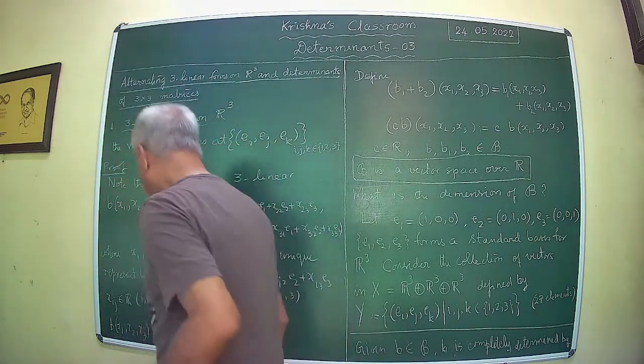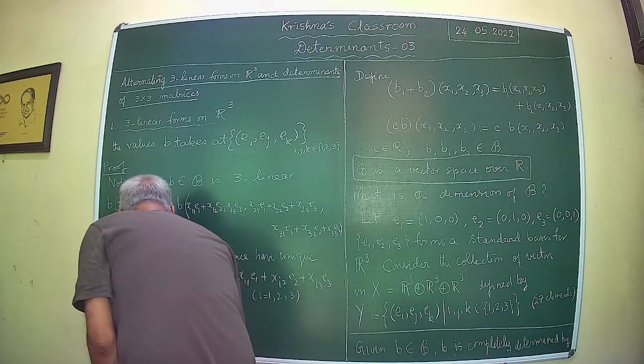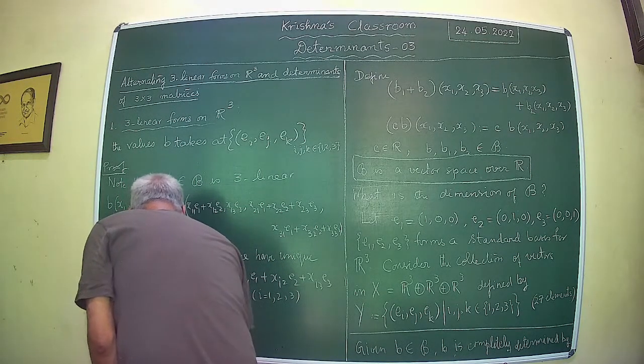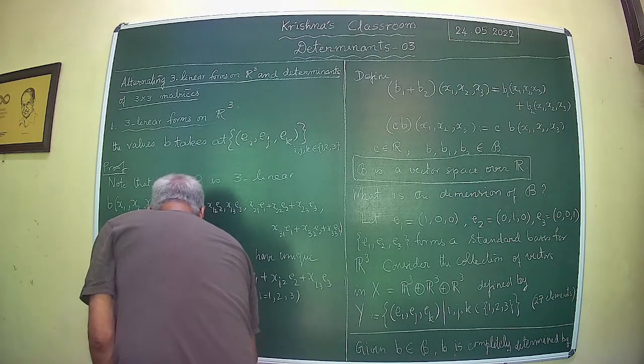Sigma i equal to 1, 2, 3, sigma j equal to 1, 2, 3, sigma k equal to 1, 2, 3.